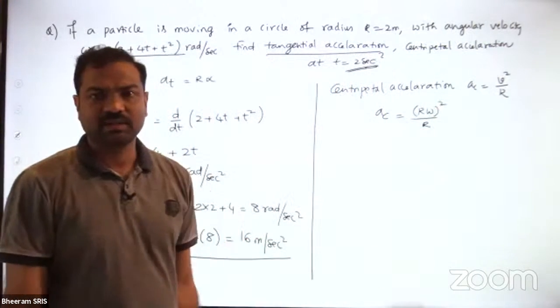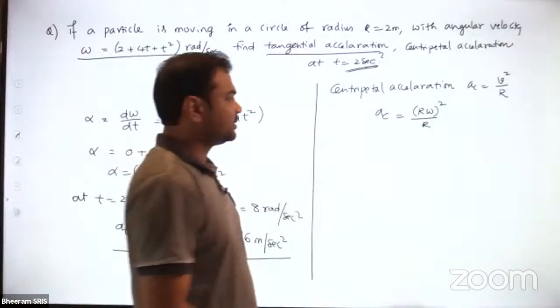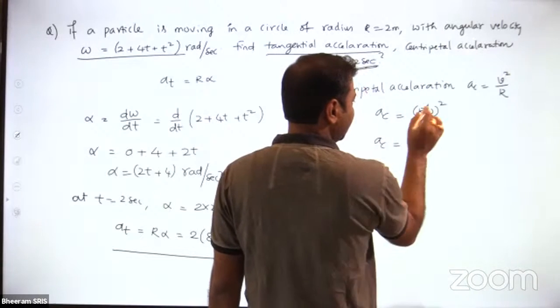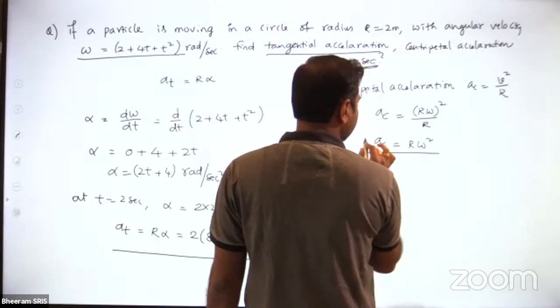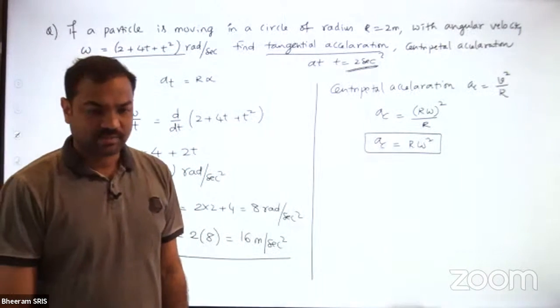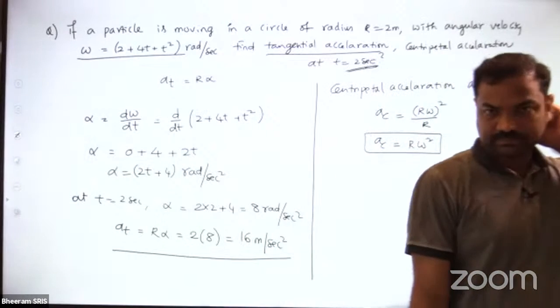We can write v is equal to r omega. So then r square omega square by r. R will be left, times omega square. So centripetal acceleration is equal to r omega square. That is the centripetal acceleration. We require the radius and angular velocity. Okay?